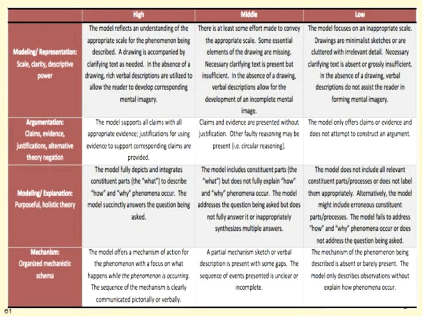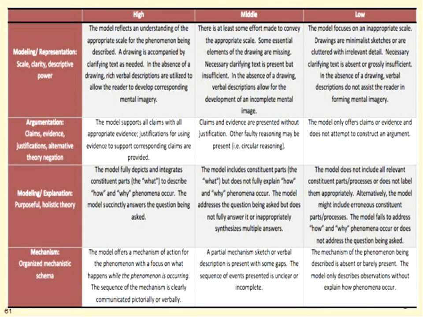And this was the rubric that was generated through some ideas that we had. It's a little busy, except that moving from here to here, we get more details, and this is the column to pay attention to. We get more information about the scale in the drawing, the clarity, and the descriptive power of the representation. With respect to argumentation, we see more claims, we see more evidence, justifications.